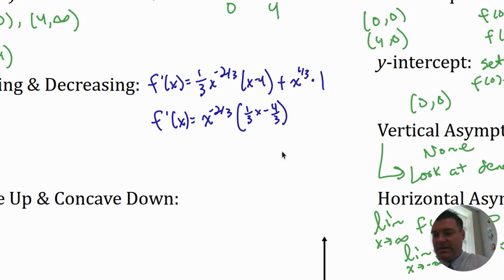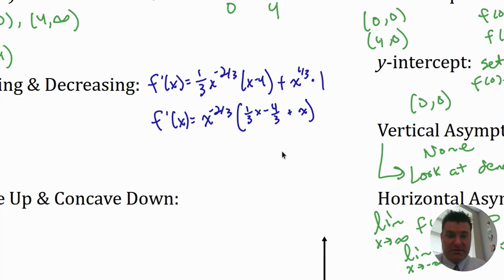Oop, I don't know why I ended that parentheses. That's the first term, and then plus x. Yeah, that distributes all the way through. And if you actually distribute this, you will get this exact same thing that we have from just above.